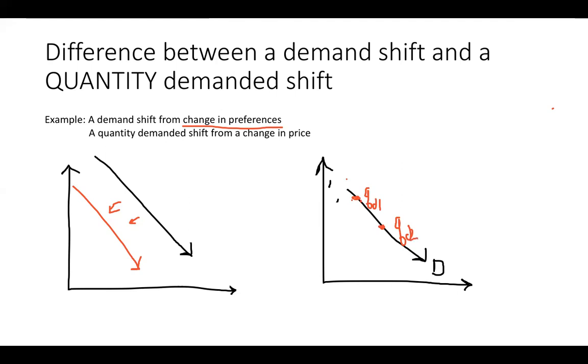So the difference between graph 1 and graph 2 in this case is that we're going to see just a shift in these dots right here, rather than a shift in the whole curve. So something that could shift the quantity demanded.